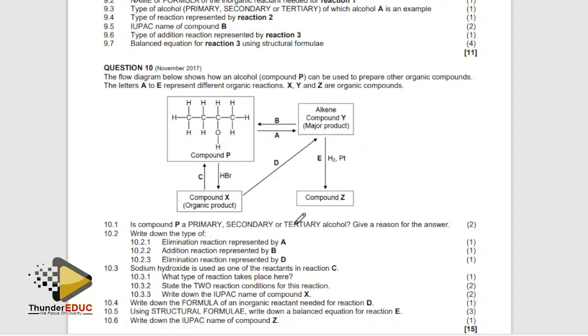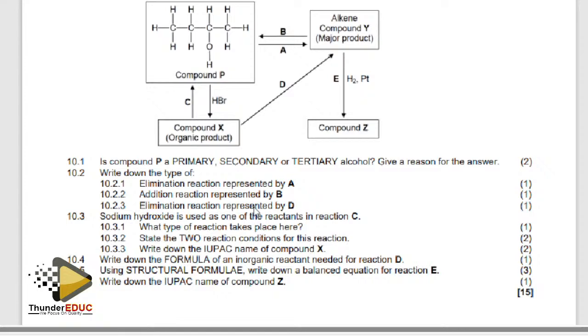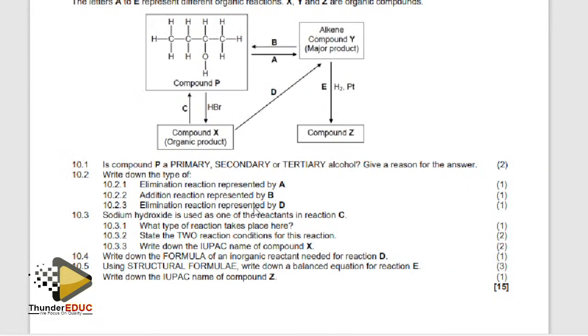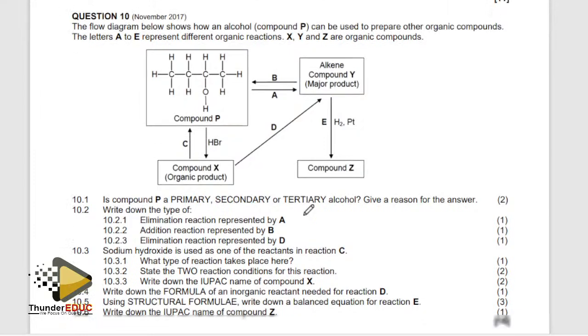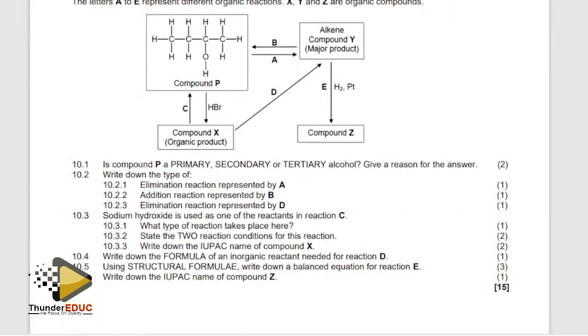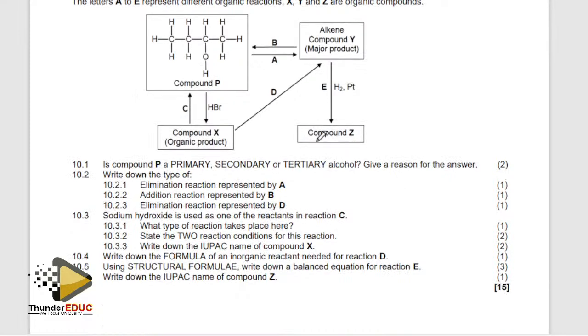Let's look at question number 10. Let me make it a little bit bigger so that you see exactly. Let's cover this question, because I see this one has the platinum, and it has everything I might need in this prediction. All right, guys, let's do this.